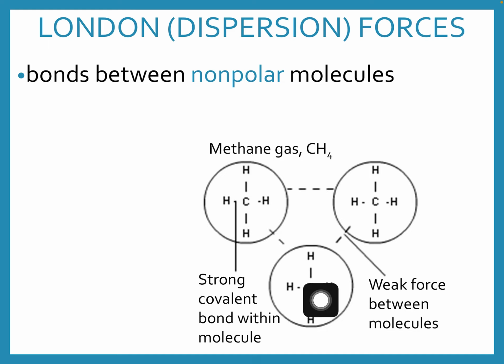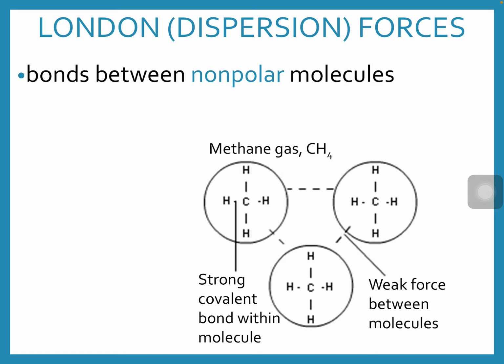So as this is coming in and the electrons that are around here are repelling electrons on this part of the methane, they're going to shift a little bit, and that for a brief moment is going to create a dipole. So it's going to create this slightly positive and slightly negative section or area of each molecule, which will create then an attraction between them.